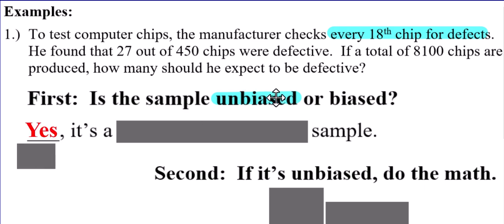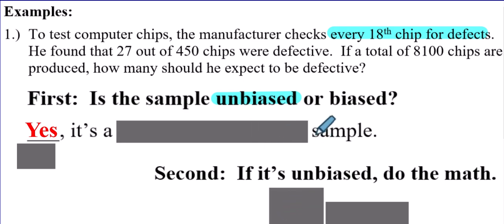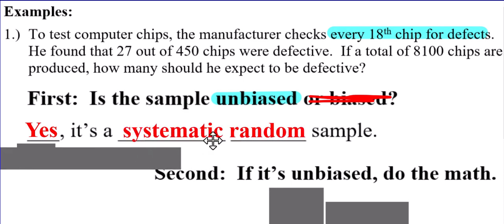I should have changed the way this question was worded. Is the sample unbiased? Let's change this right now. We should have said, yes, the sample is unbiased. Why? Because it is a systematic random sample. Go ahead and fill those blanks in.